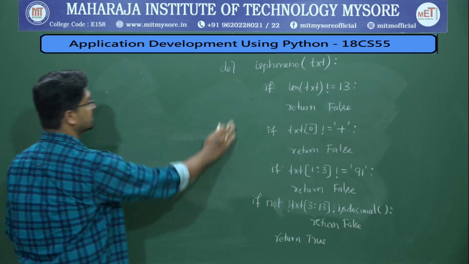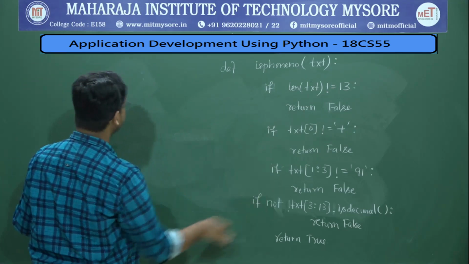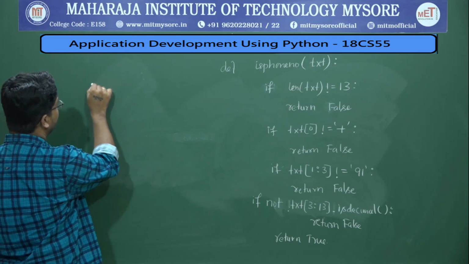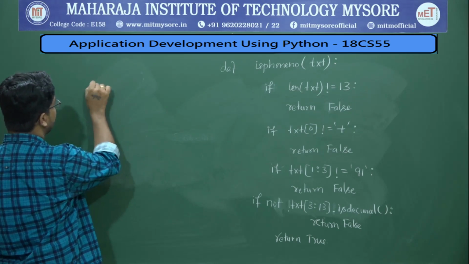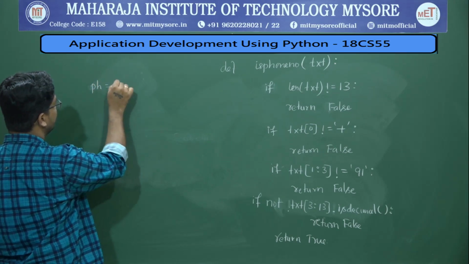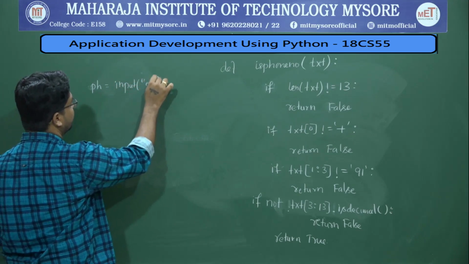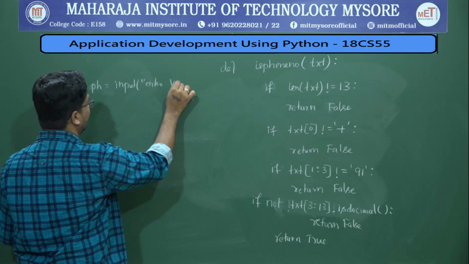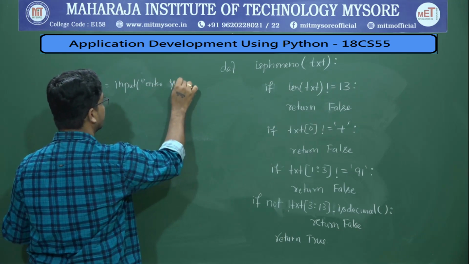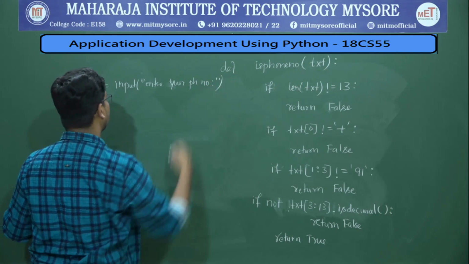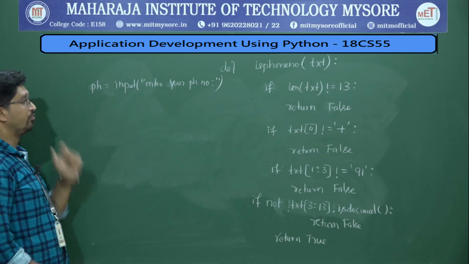Okay, now how to call this particular program? Let us say for that I can write an input statement. Let us take phone ph is equal to input, enter your phone number. I am asking you to enter a phone number that will be stored in phone.